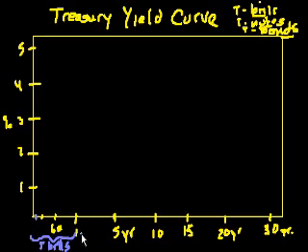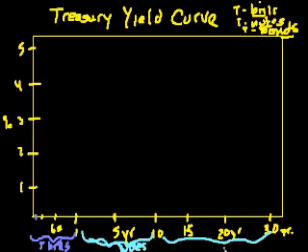Then from 1 year to 10 years, these are notes. Actually, I believe the 1 year itself is a note. So up to 1 year is a bill, although I might be wrong on that. Correct me if I'm wrong. That's just a definitional thing. From 1 to 10 years, these are called notes. And then when you go beyond 10 years, these are called Treasury bonds. These are just definitional things to worry about.